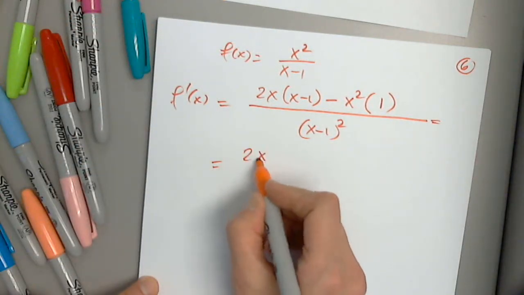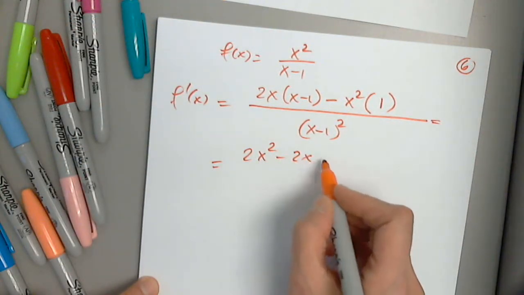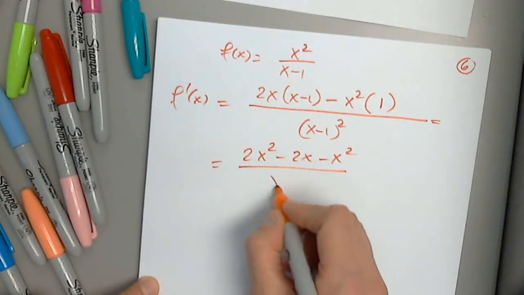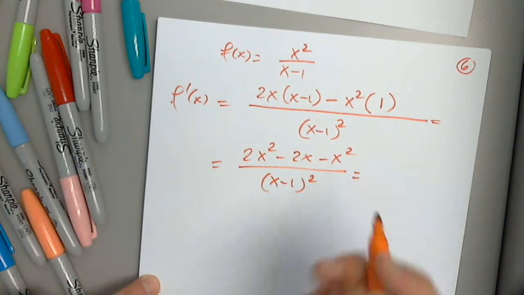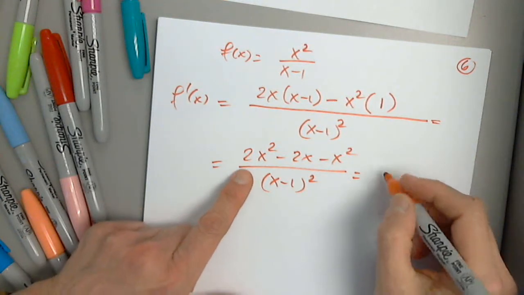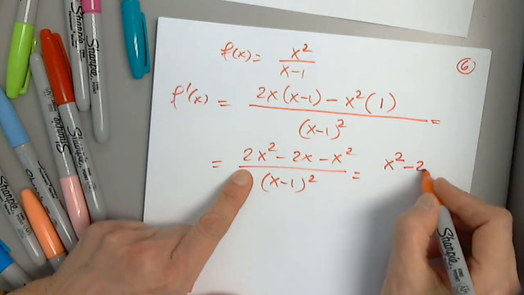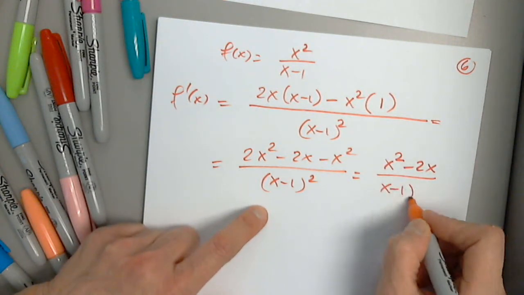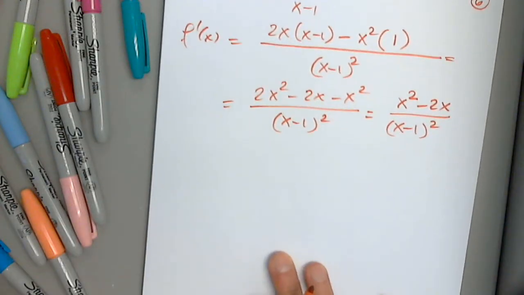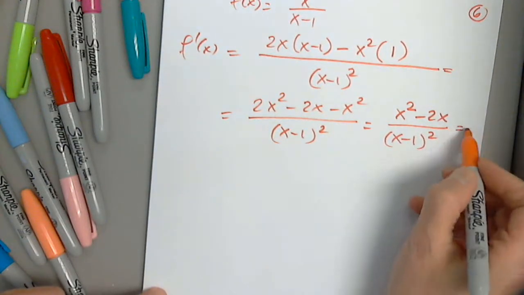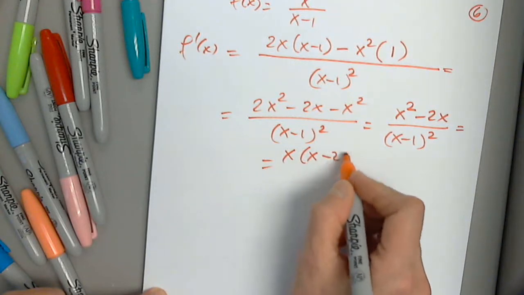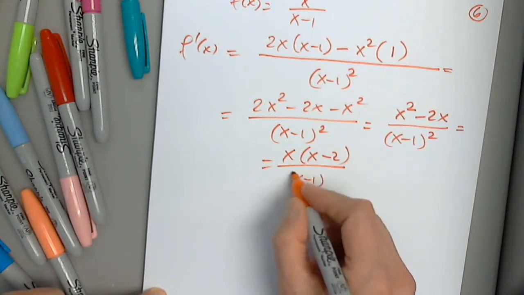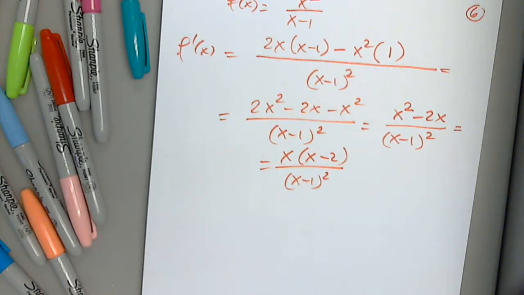So this is 2x squared minus 2x minus x squared over x minus 1 squared, which is x squared minus 2x over x minus 1 squared, which is x times x minus 2 over x minus 1 squared.